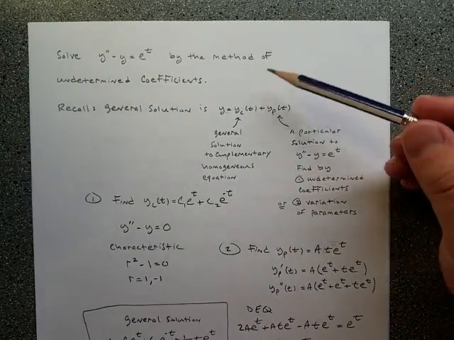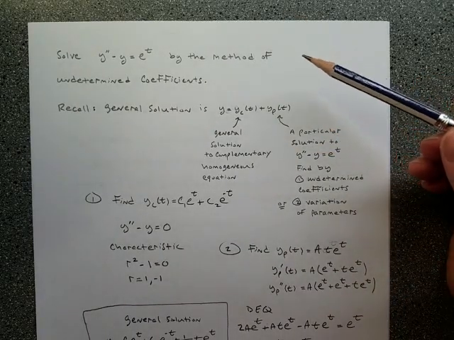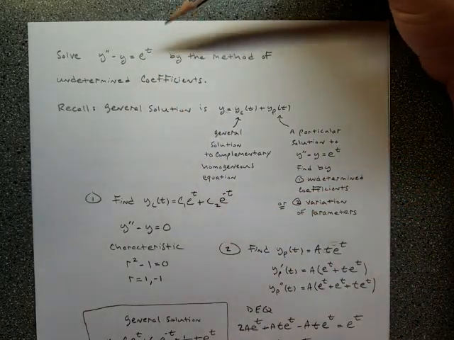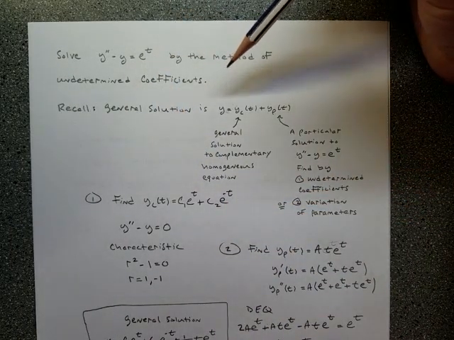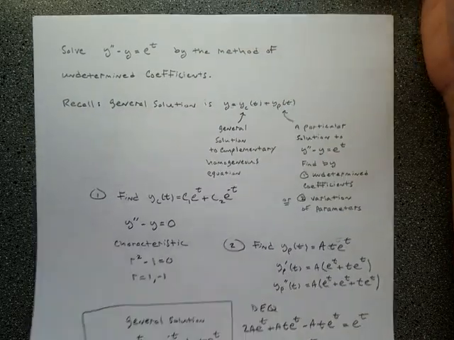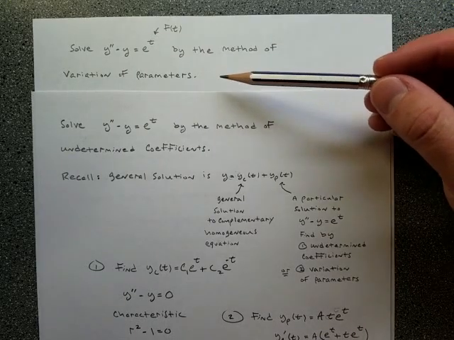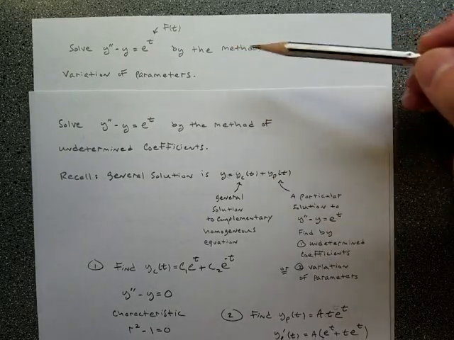Okay, as a continuation of this problem of solving a non-homogeneous linear differential equation, second order, by undetermined coefficients, I'll take the same thing, exact same problem, solve it by variation of parameters. Why might we do that?